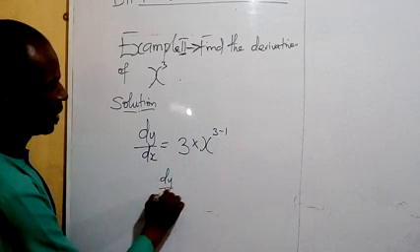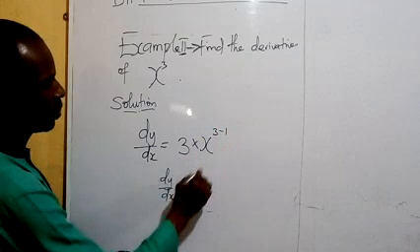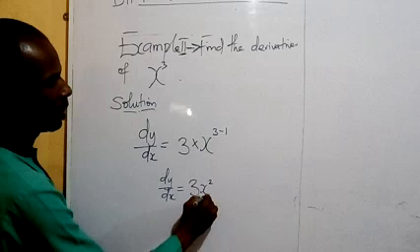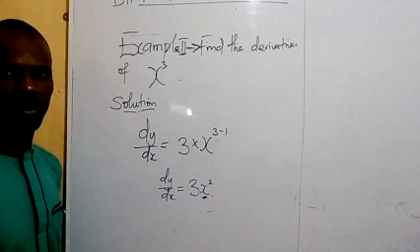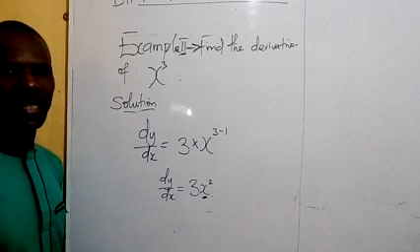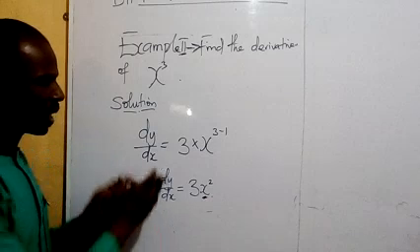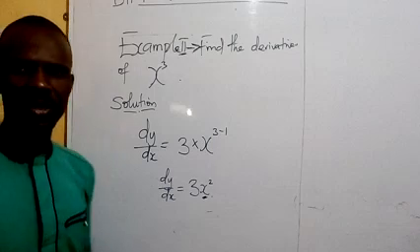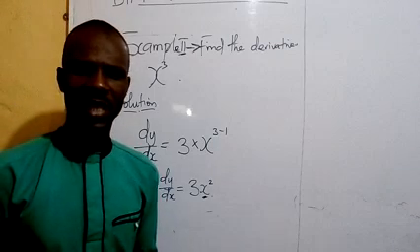Therefore, dy/dx equals 3x raised to power 2. Just apply the general rule, you'll get it. Mathematics is very simple and sweet as bread and tea.